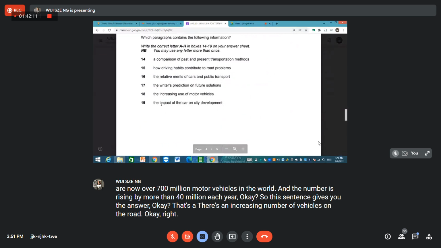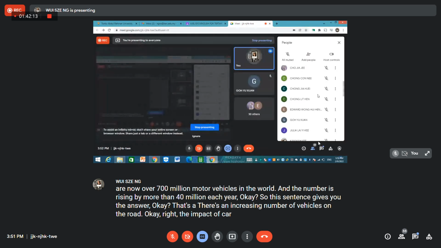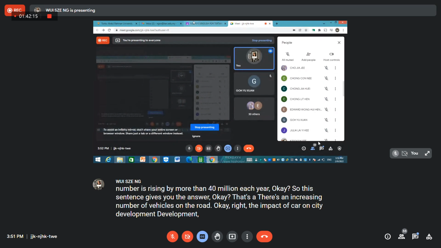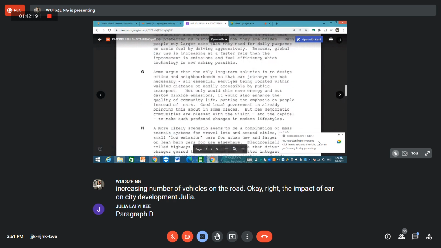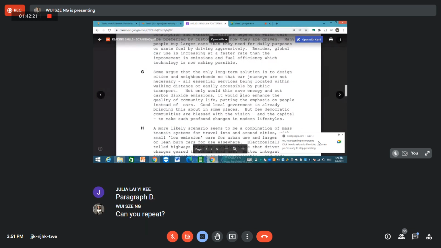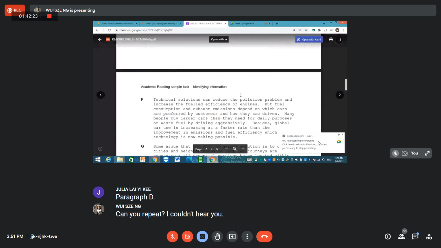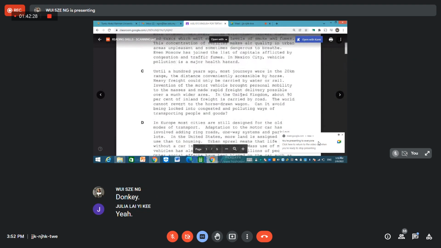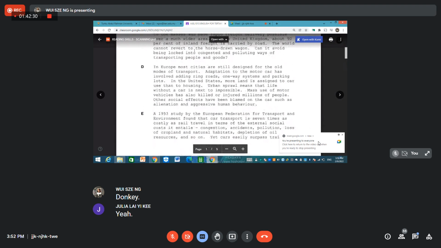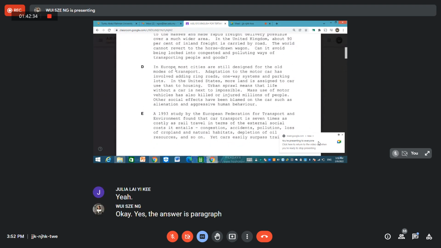The impact of the car on city development. Paragraph D. Yes, the answer is paragraph D. What are the impacts?